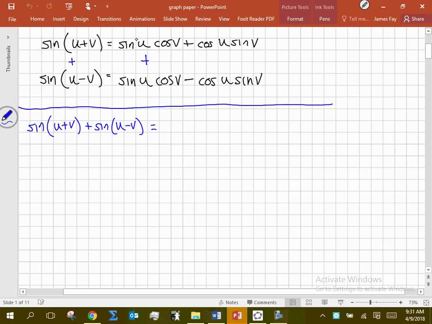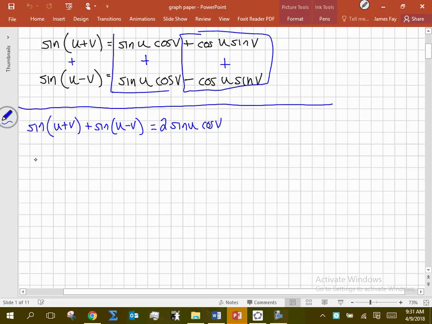What do you get when I add those two things together? Yep, 2 sine u cosine v. What do I get when I add those two things together? 0.